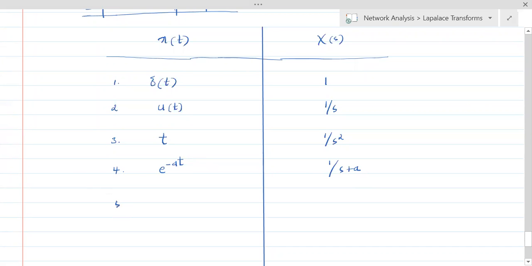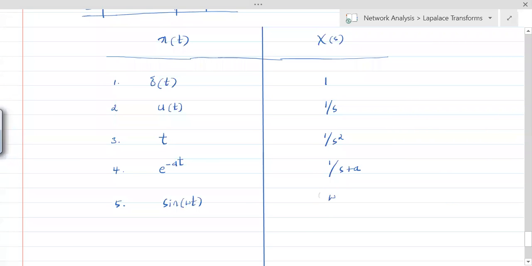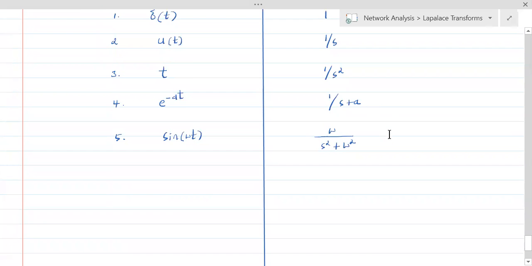Fine. Then the fifth one. It is the sinusoidal, sine omega t, something that we have seen just now. So what is the Laplace transform of this? It is omega by s square plus omega square. Understand? So this much we derived. Next we have not derived, but if it is asked, you have to derive it.